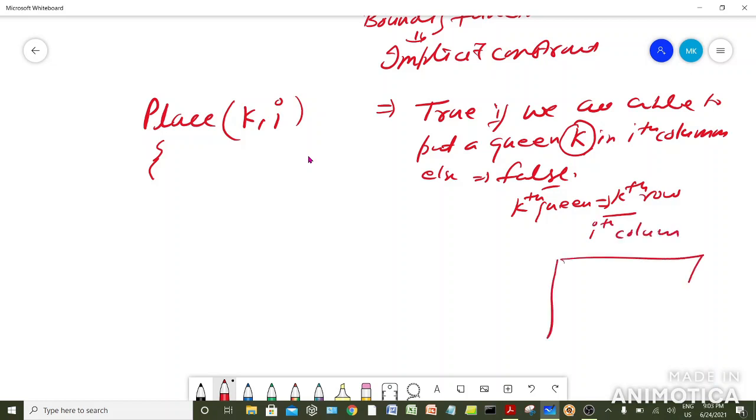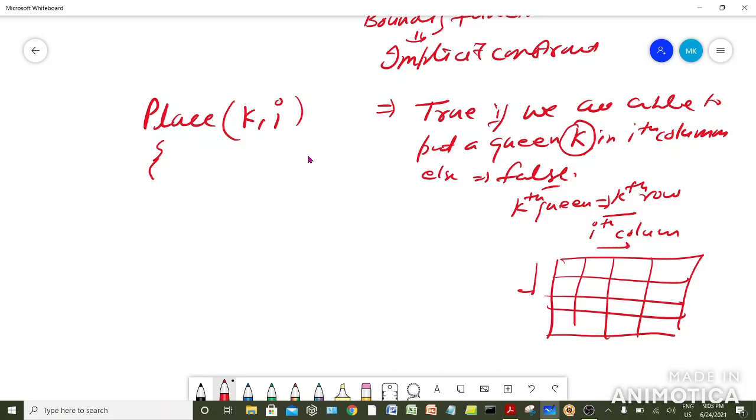So this was our position in the 4x4 matrix. These are the rows, these are the columns. So we are trying to place a queen at the ith column. Let k be equal to 3. So we are trying to place a queen at the ith column of row number k.